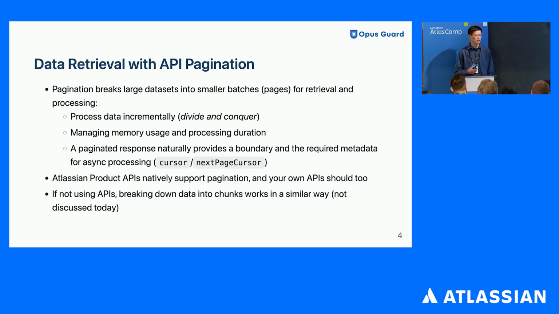So this is a key enabler for the approach we're going to propose later on. In case you're not retrieving the data from the product APIs, for example, if you're importing from S3, most of those services also provide pagination to break down data. They work in similar ways, with slight differences. But overall, you always want to divide and conquer.